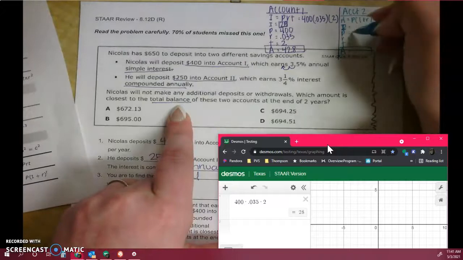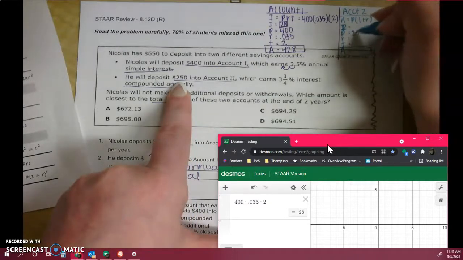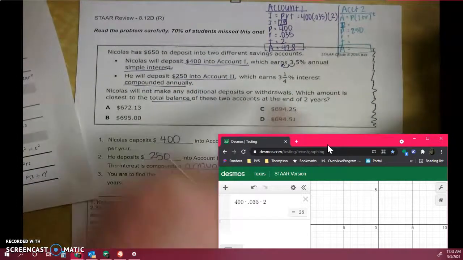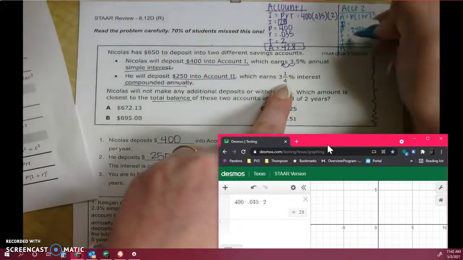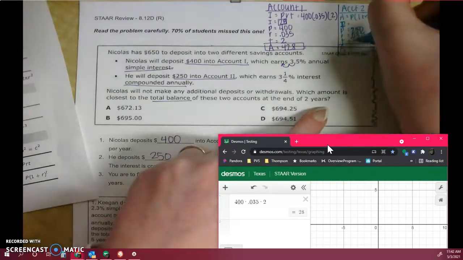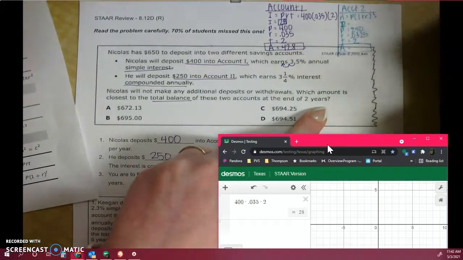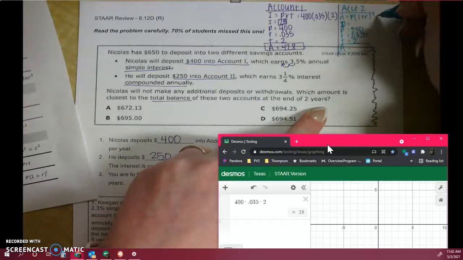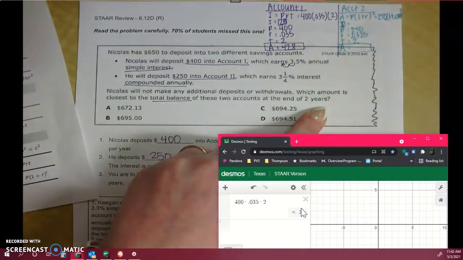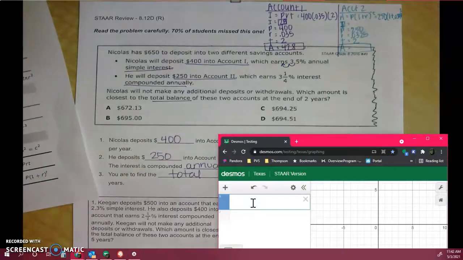So P for account 2 is 250. Our rate we said was 3.25, but remember we have to use the decimal form. And our time was 2 years. So 250, 1 plus 0.0325, I'm going to run out of room, to the power of 2, which we can type in here.